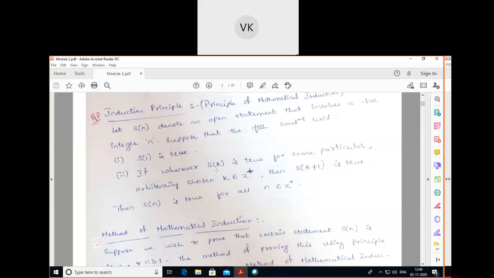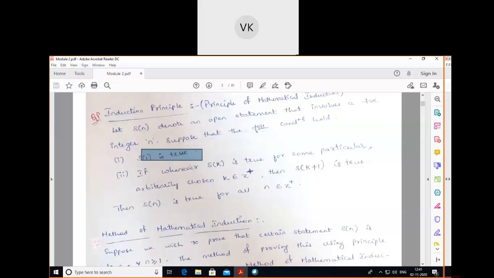In the first step, we check the condition that is given. For example, S of 1: the given statement should be true for S of 1. If n is equal to 1 is given, then we check S of n with n equal to 1.